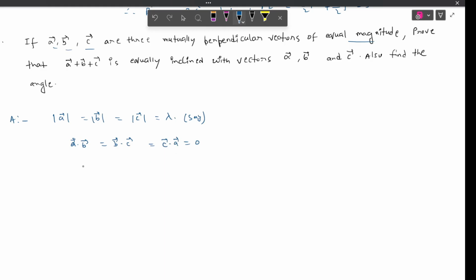And we know that modulus of x vector square is x dot x. So modulus of a plus b plus c square would be a plus b plus c dot a plus b plus c.